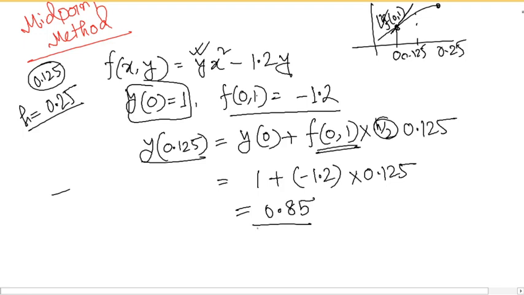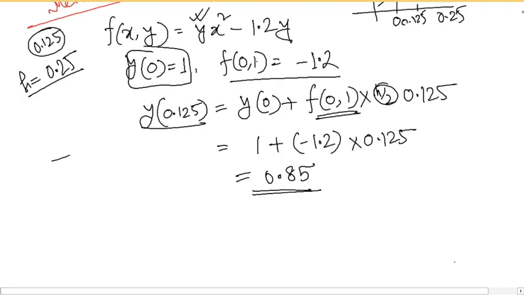Now we'll be using this midpoint slope for predicting the original y by the midpoint method for 0.25, the next step from 0 to 0.25.